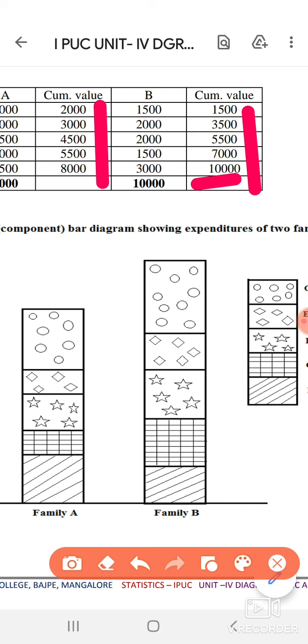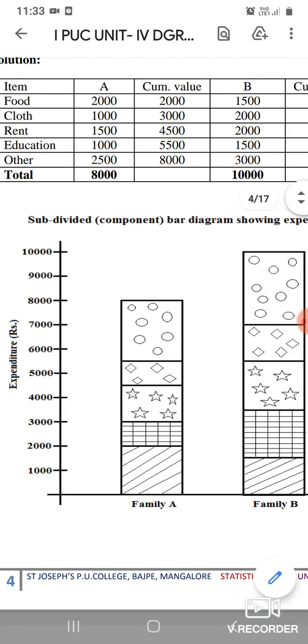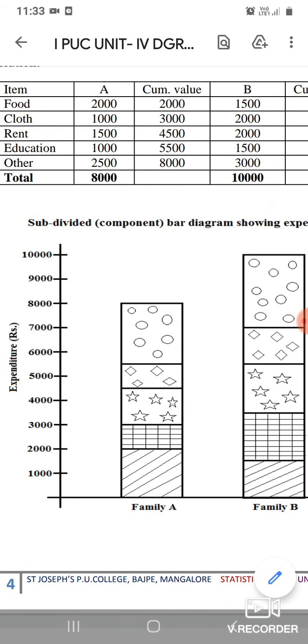So maximum value in family A's cumulative value and family B's cumulative value, maximum value is 10,000 and minimum value is 1500. Then take the scaling on the y axis by taking 1000, 2000, 3000, 4000 up to 10,000.